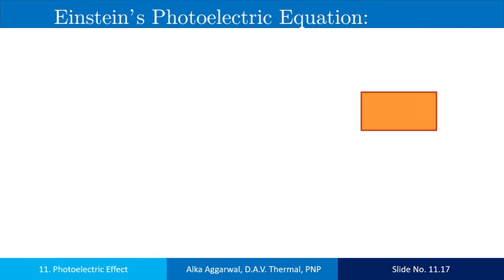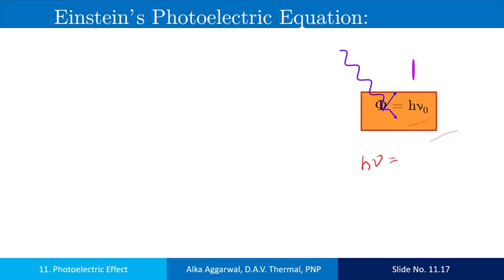On the basis of these laws and the experimental studies, Einstein develops the photoelectric equation. Say it is some metal and the light ray is incident on this metal. That is the photon whose energy is equal to h nu is incident. This energy is used in two ways.